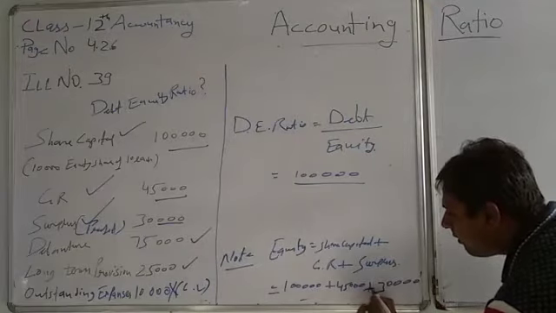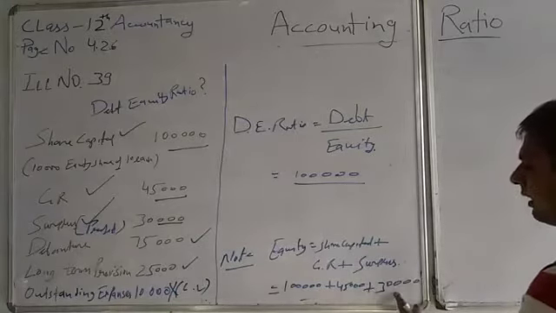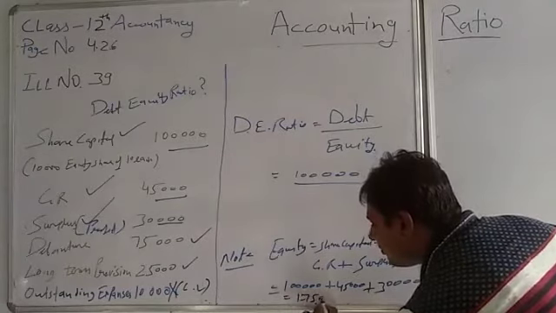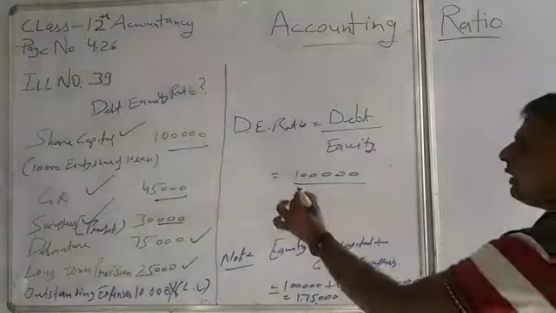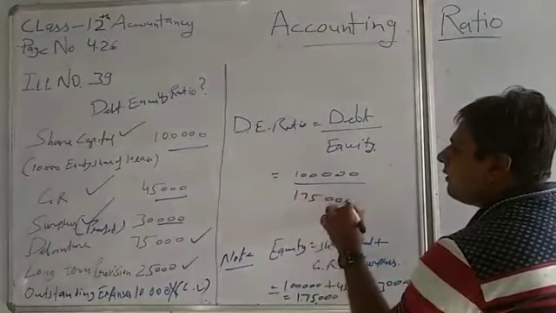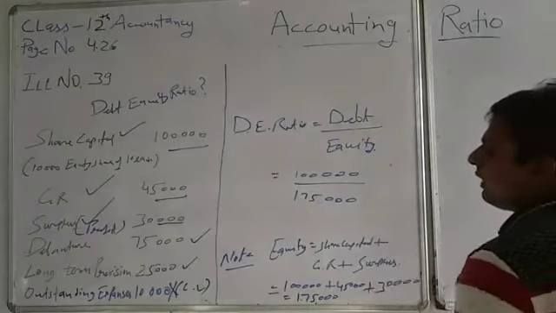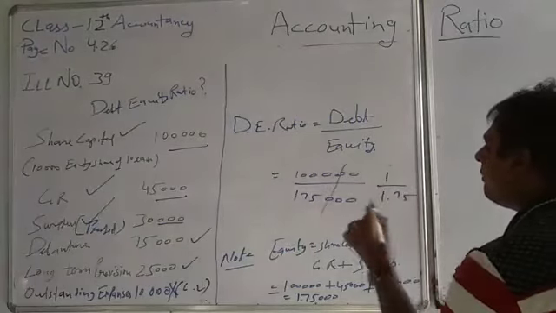So how much will it come to? 1 lakh 45,000, then 1 lakh 75,000. So your equity is 1 lakh 75,000. So that is our debt equity ratio, 1 by 1.75 if you cut this.